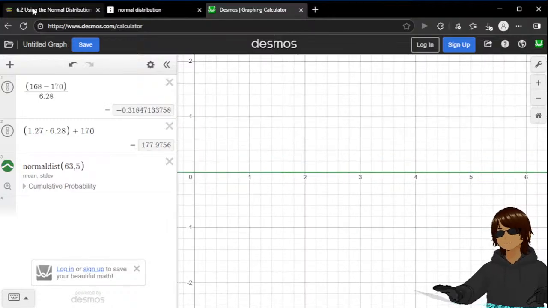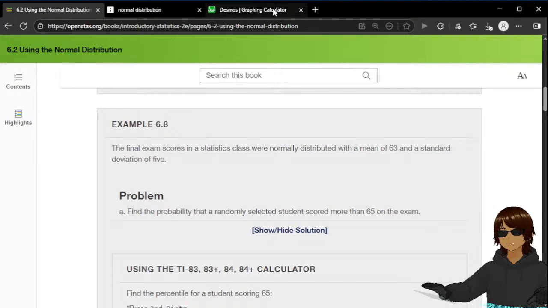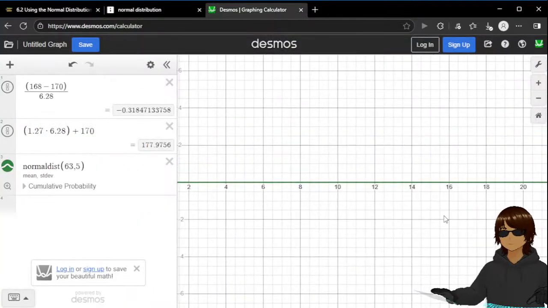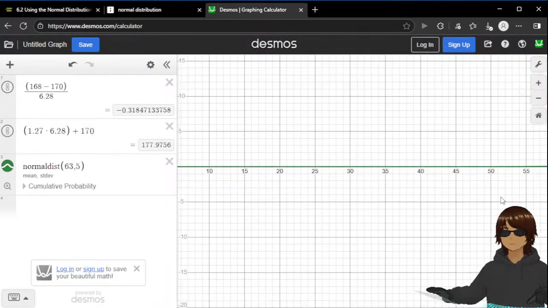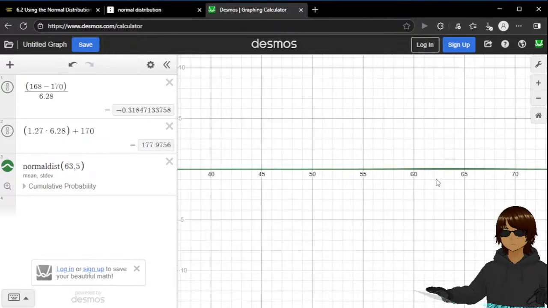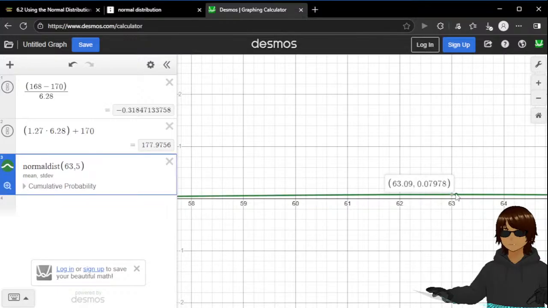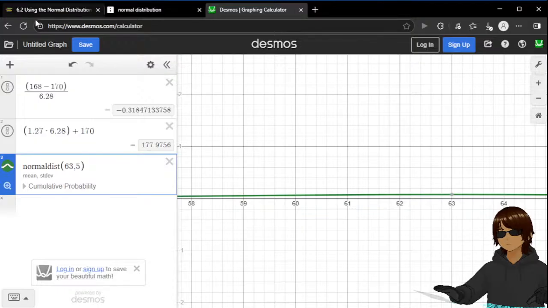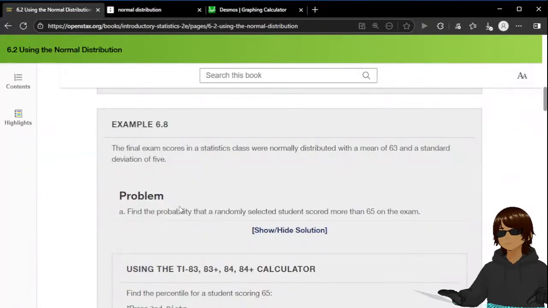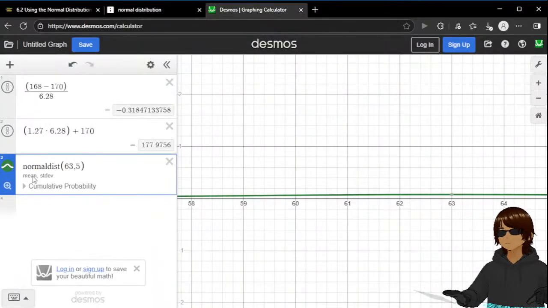Sorry, oh no, mean 63, standard deviation 5. See here, right? Find the probability that a randomly selected student scored more than 65 on the exam.